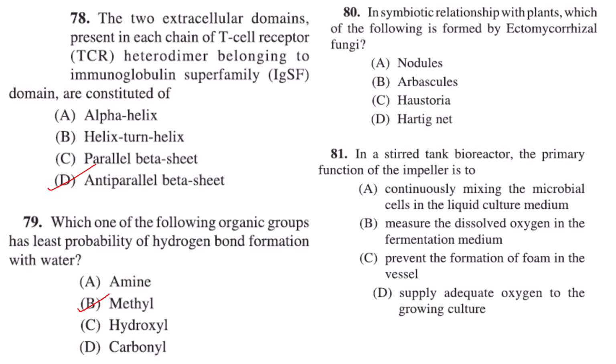Then next one. In symbiotic relationship with plants, which of the following is formed by ectomycorrhizal fungi? That is Hartig net.